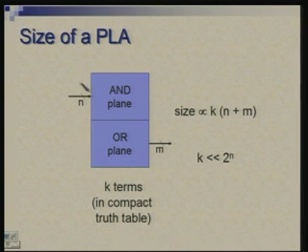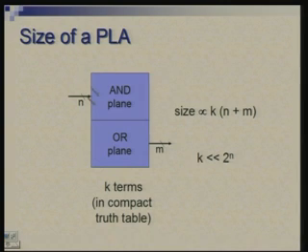There will be rows running for all the inputs, corresponding to true logic and false logic. There will be vertical lines which will implement AND gates, and there will be rows, one corresponding to each output, which will form the OR function of some of the product terms.